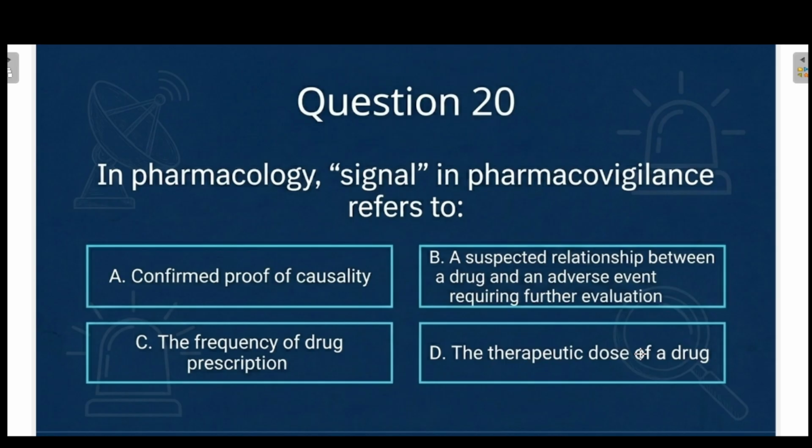So the correct option is option B, a suspected relationship between a drug and an adverse event requiring further evaluation. So that was the last question.